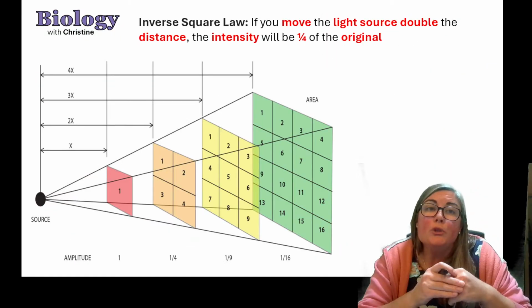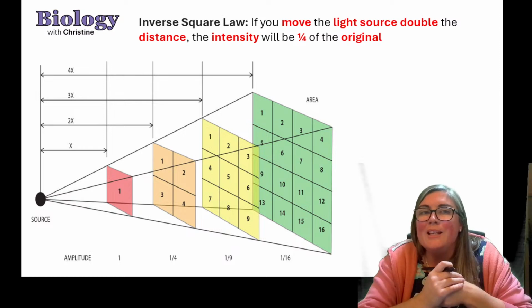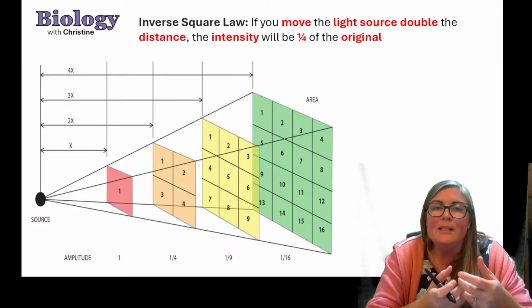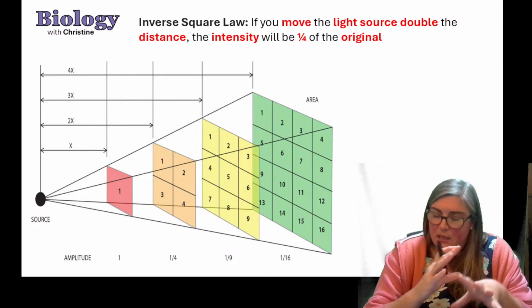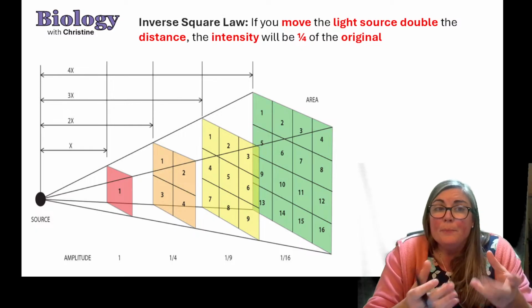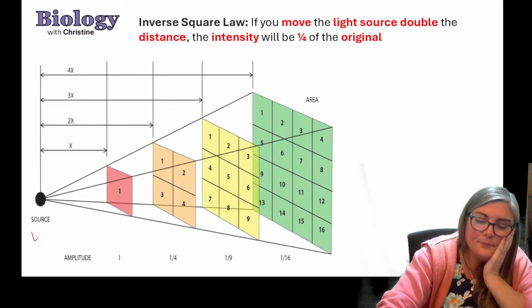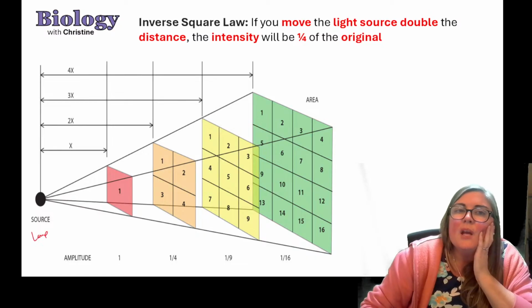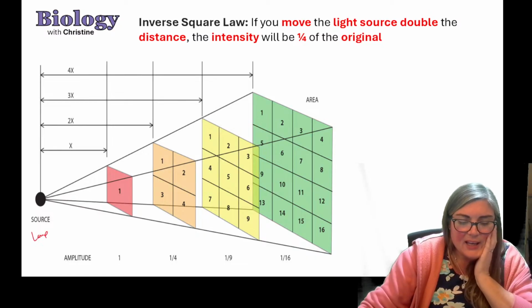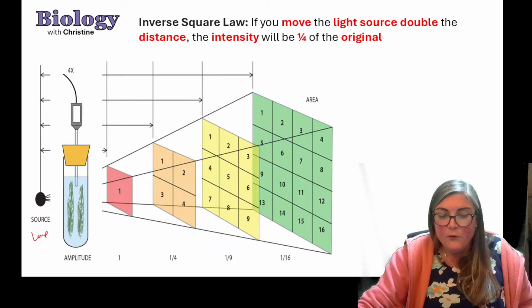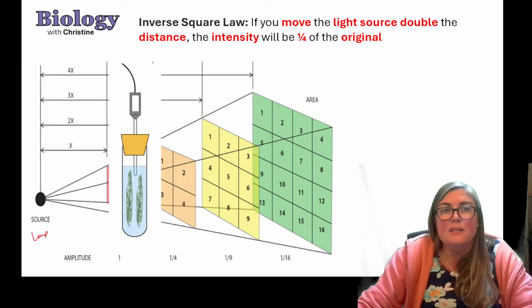So you should know what's known as the inverse square law. So if I am to take a light source, so let's say I have a lamp. So my light source is my lamp. And what I'm going to do is place that close to or far away from a plant that is photosynthesizing.